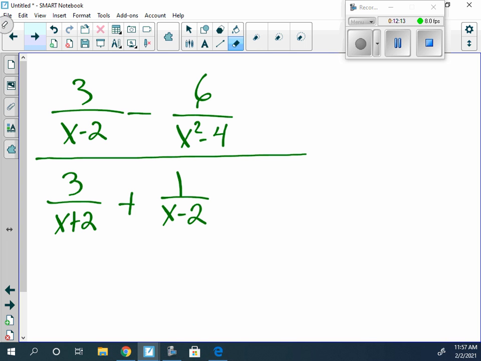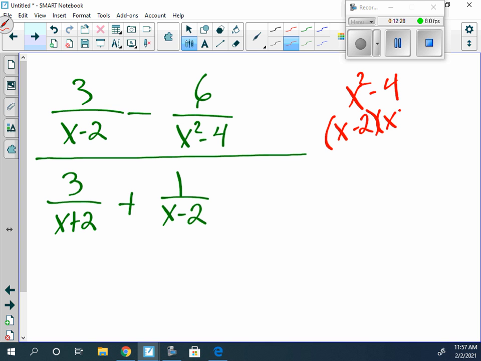Now, looking at this here, for simplicity's sake, so this is problem number 6, x squared minus 4 is one we'll need to factor. Well, it's what? X minus 2 and x plus 2.